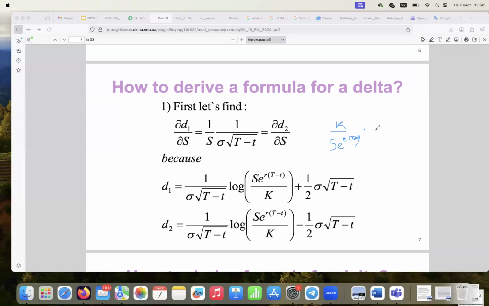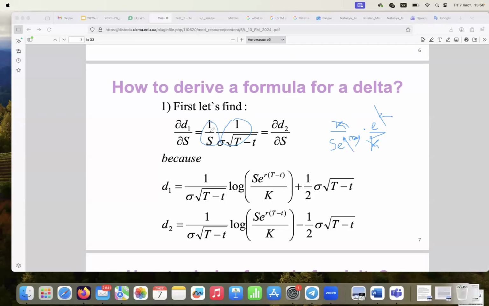The derivative of this expression with respect to S, what is it, Sophia? It is just multiplied by e. Add all this and divide it by K. Yes, you're right, thank you. K is crossed out and this is crossed out, and we have only S. So this constant, and 1 divided by S, it is this.